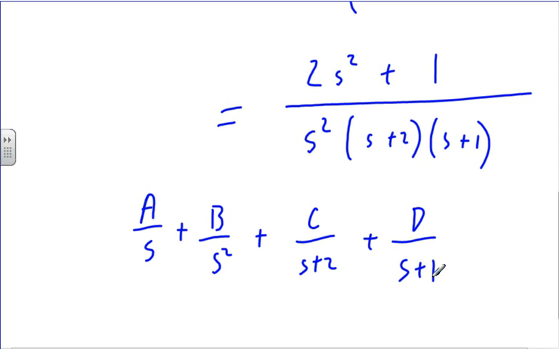Now, is that really the way I'm supposed to do that partial fraction? I'm pretty sure that that's the way I'm supposed to do it. And so I'm doing a partial fraction there.